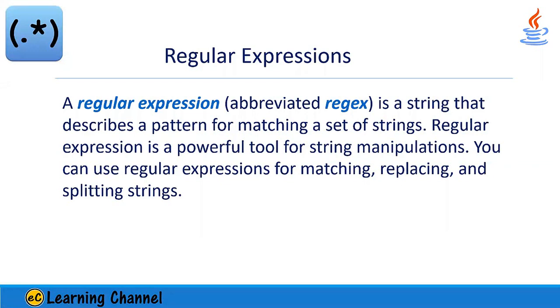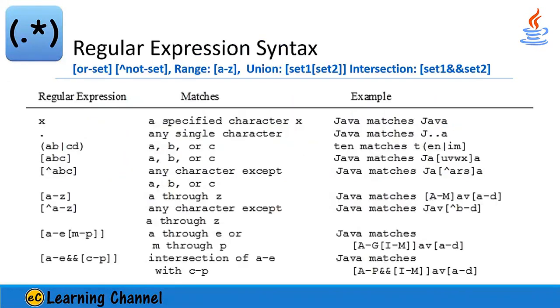So we call this a regular expression. In a regular expression you can have a single character x that will check for x. So we can have Java, and Java will match Java. The same.